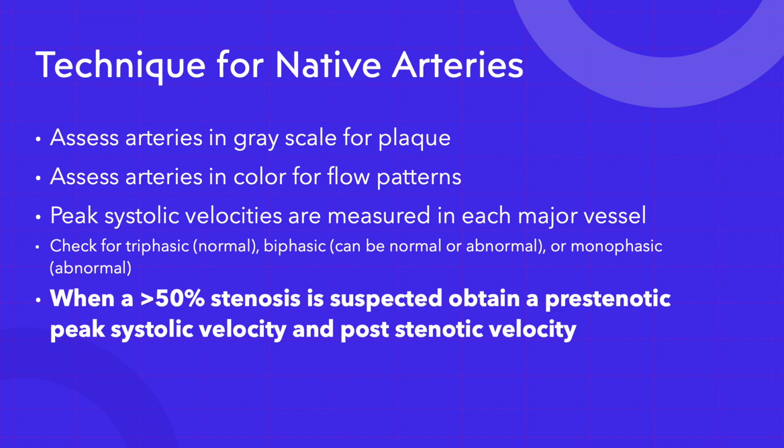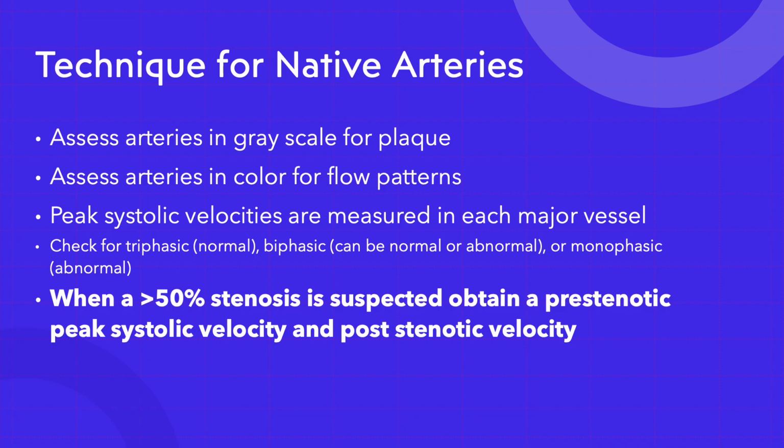We're going to look at the arteries in color. The reason we're putting color on and the reason I want you to make sure you gel your path and don't take your probe off is because you're going to follow the artery down in color in between your segments that you Doppler and check for any color variations. You know, sometimes when your color gets those hues of green, yellow, blue, that can indicate a stenosis.